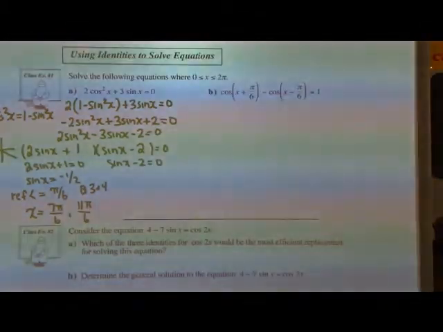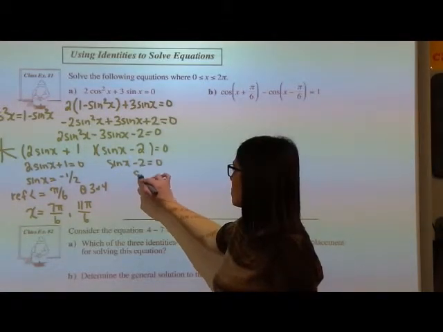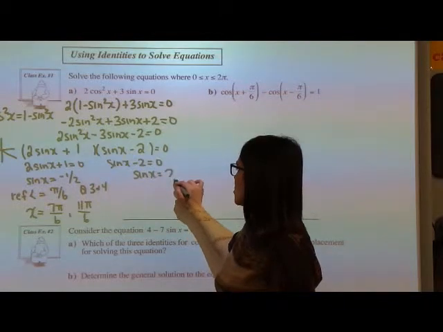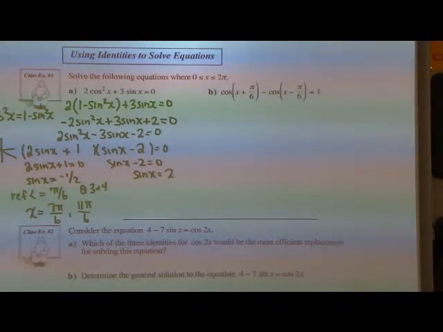Good. Okay, so now I've got sine x minus 2 equals 0, which means sine x equals 2. And what do I get for a reference angle? An error. Why?